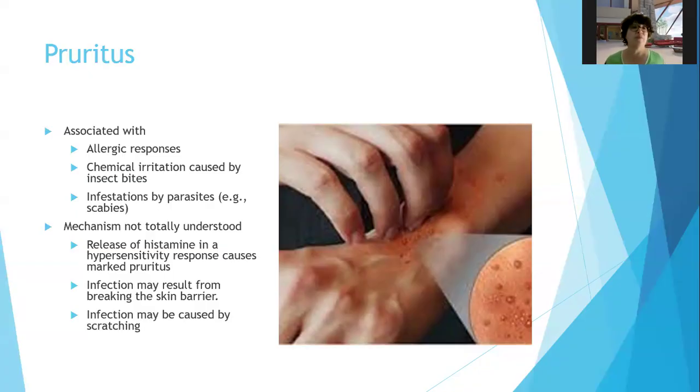There's some release of histamine in a hypersensitivity response that can cause itching, but that's not the only thing that causes itching. The problem with itching is you might break the skin barrier, and now opportunistic pathogens can get in there and cause infection. So infection can be caused or spread by scratching.